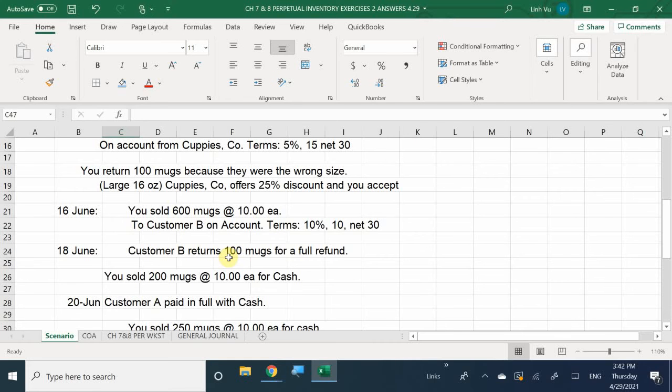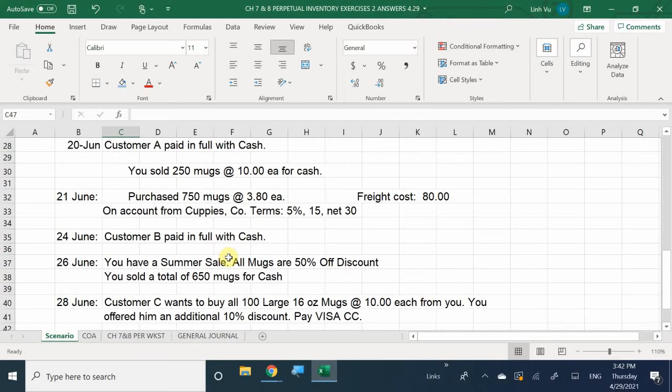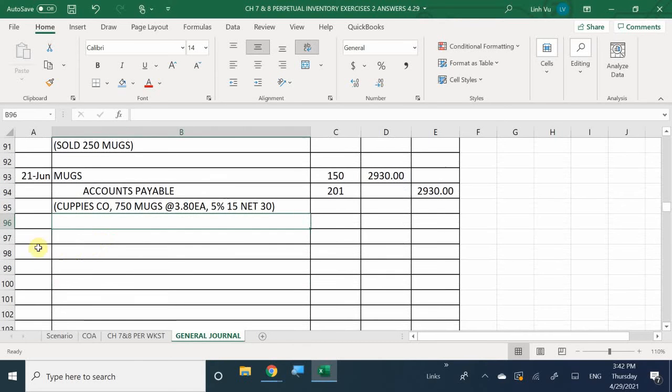500 at $10 each. So let's go ahead and figure out what that 10% is going to be on. And on top of that, how did he pay us? Cash. He paid us in cash. So let's go ahead and visit our journal.